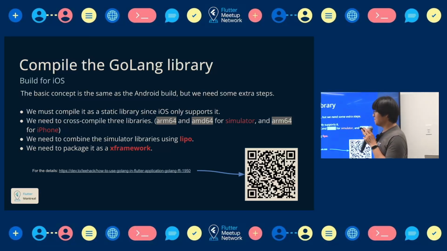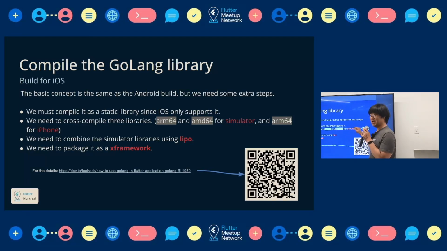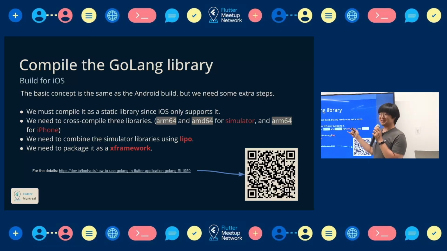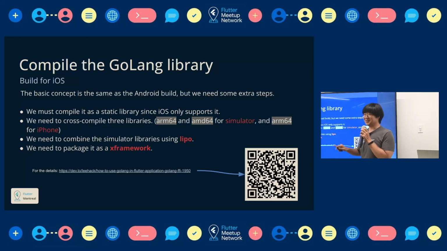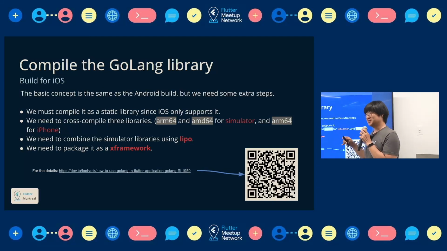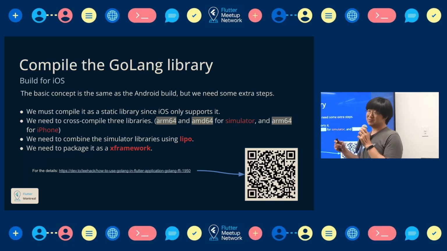So I'm going to merge all the libraries I compiled into one package. This looks complicated, but I wrote everything about that in my article. And I also have an example. So you just need to run the script that I wrote, then it will do everything automatically.